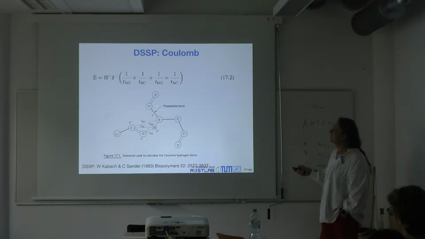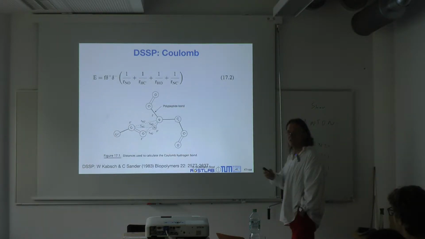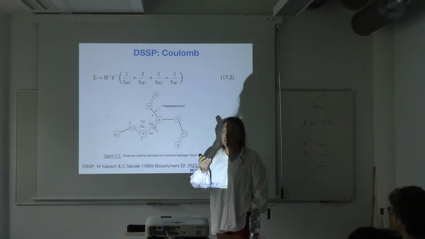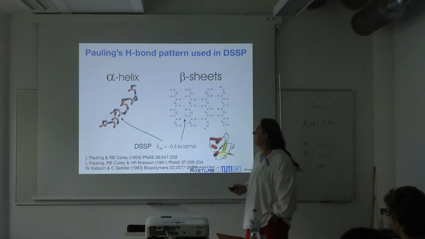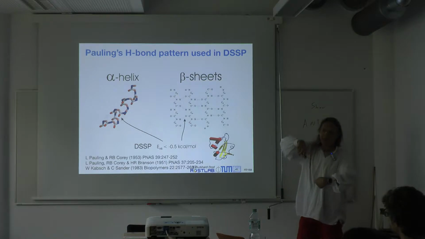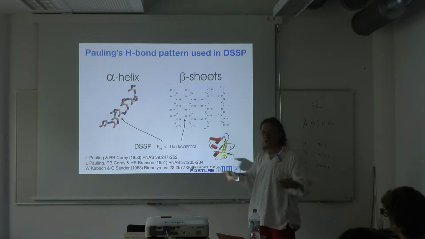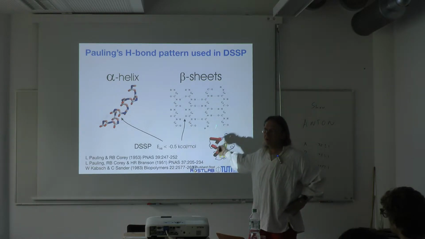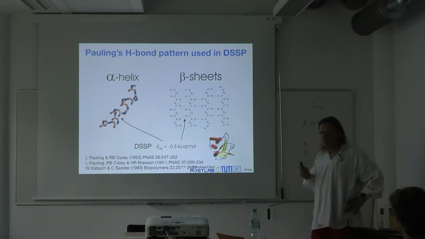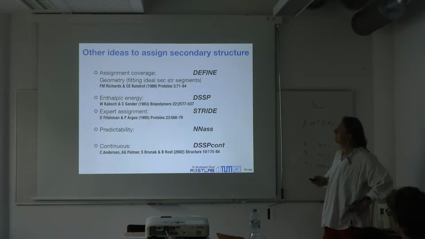In the energy, you simply have an energy function that says if 2 atoms are close enough to each other so that they can do a hydrogen bond. If you have a hydrogen bond, you simply count up I and I plus 4. You call it helix. If you have the pattern of a beta strand between any pair of the protein, you assign that. Again, you find the hydrogen bond and you assign the structure.